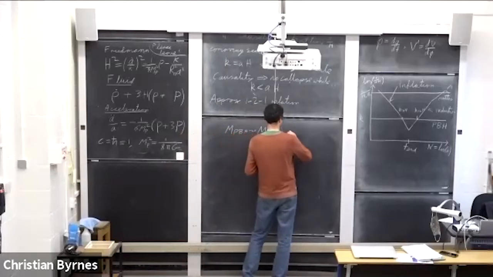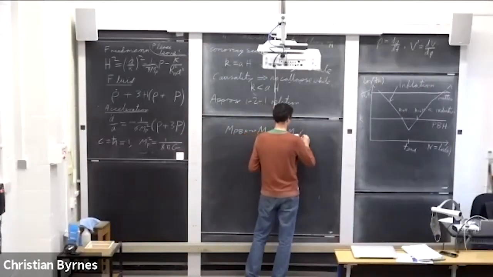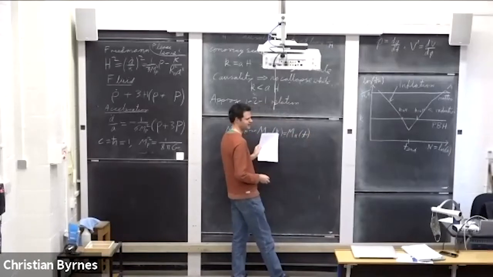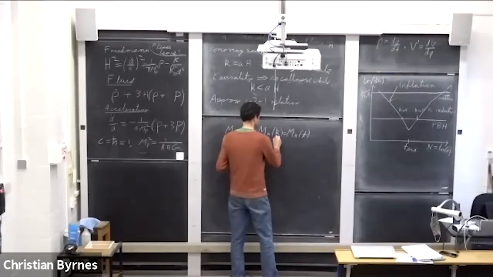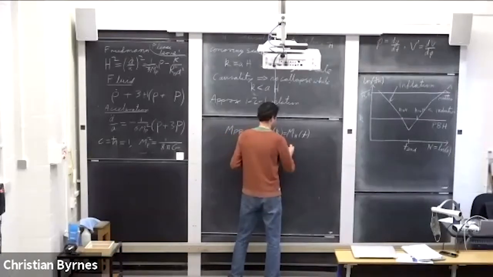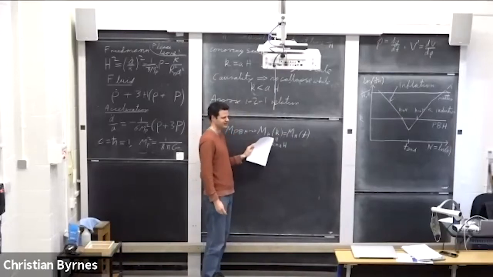You can also write it as, well, M_H is a function of time, because when I write k, I really mean k equals aH. So how do I know which time to use? Well, it's the time when the relevant scale has the value k equals aH.